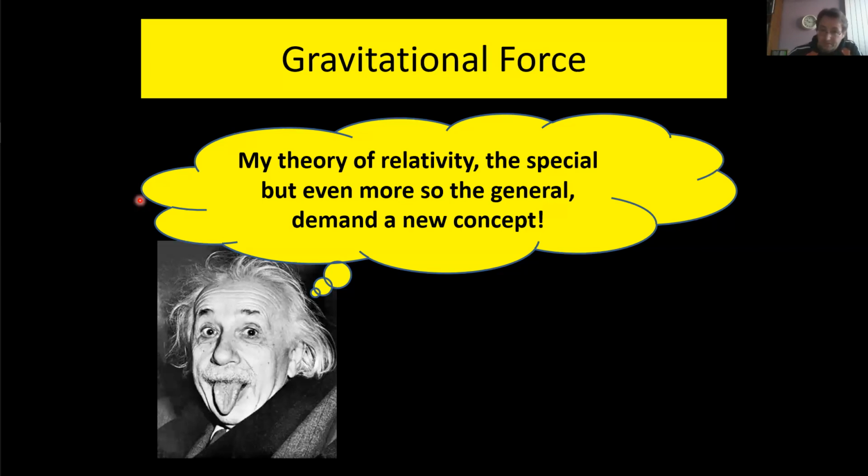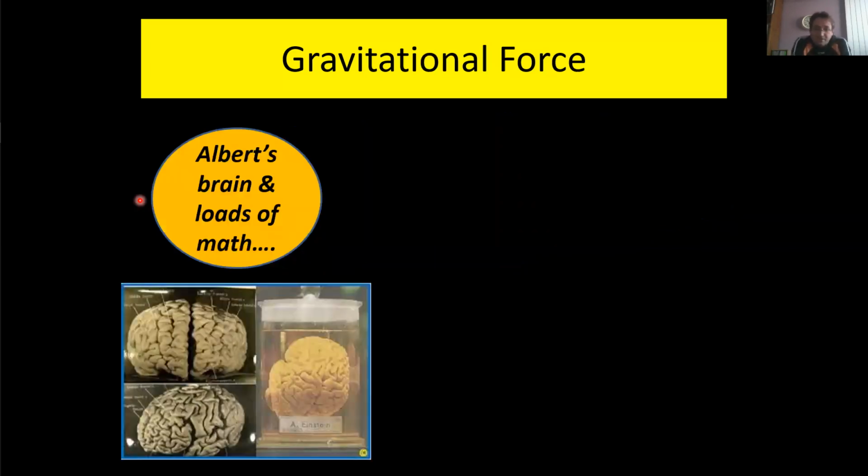So now what does it take? Albert's brain that you see here, nicely preserved. I find it a bit obscene, honestly, to preserve dead bodies, but well, obviously some people think that this structure here has something to do with the ability to think.